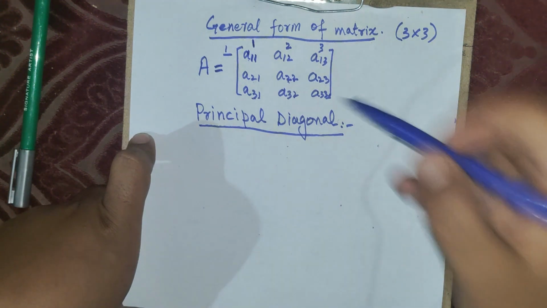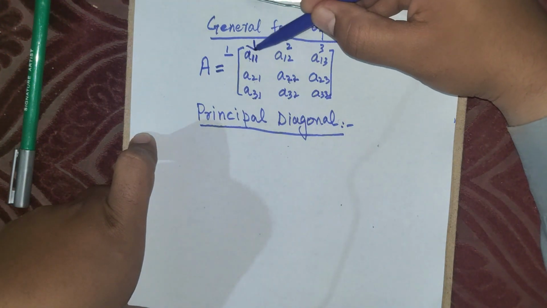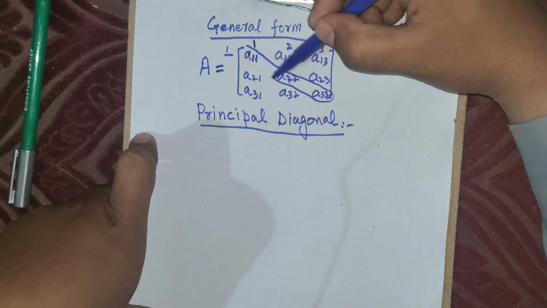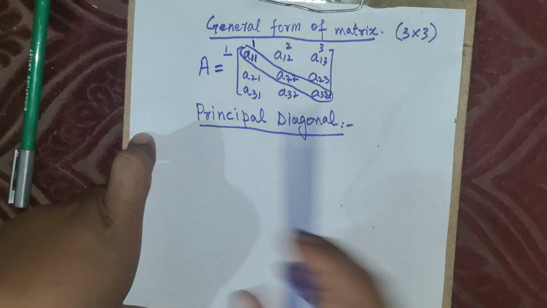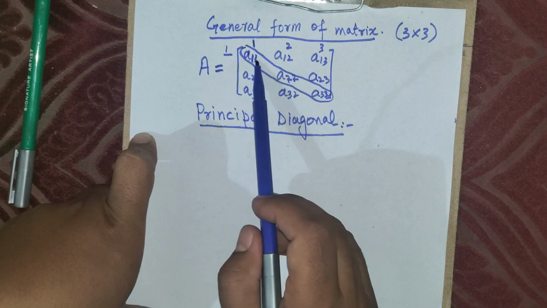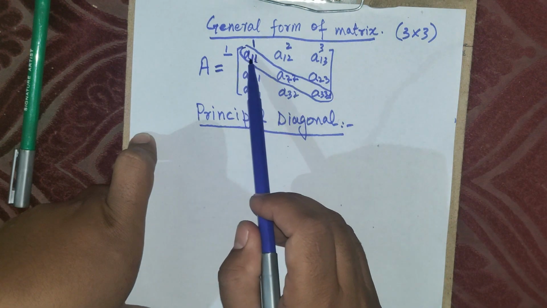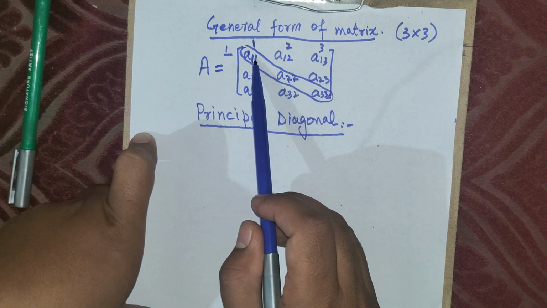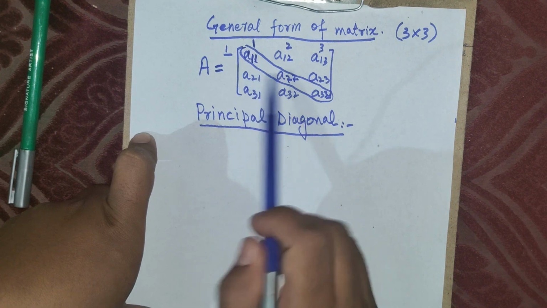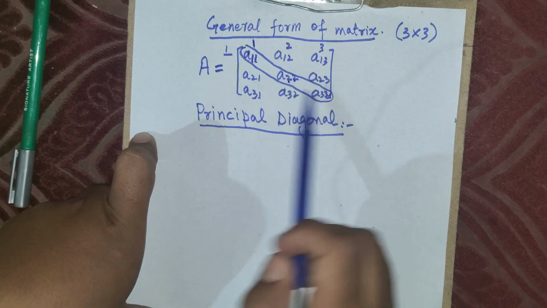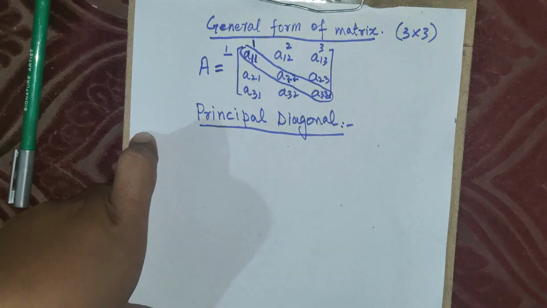So the principal diagonal is composed of all the numbers having the same indices. The indices of rows and columns are the same. So here A11, row number 1 and column number 1 both are the same. Similarly here the indices of row and column are the same, and for this one also.